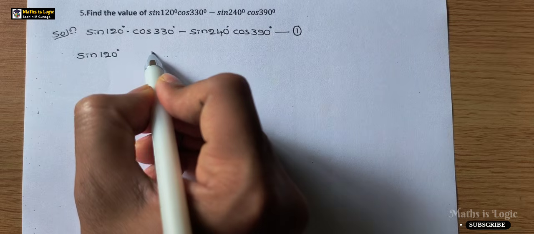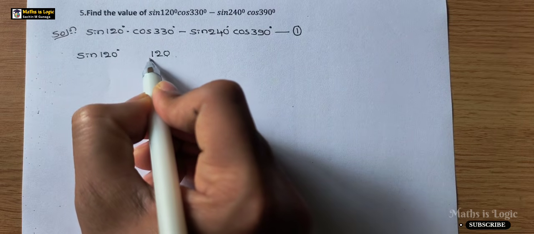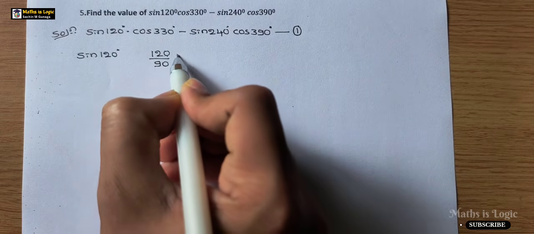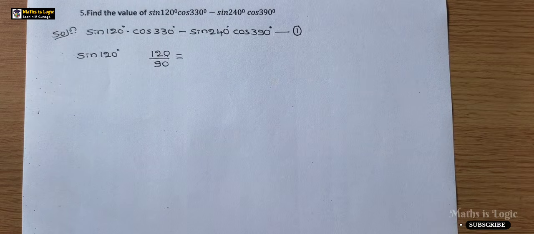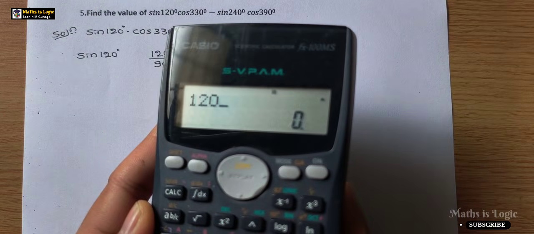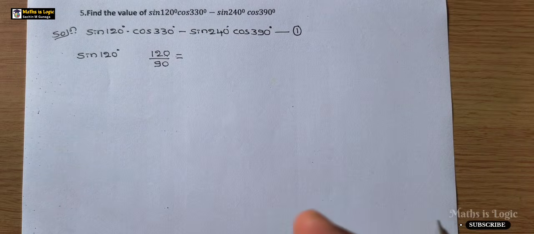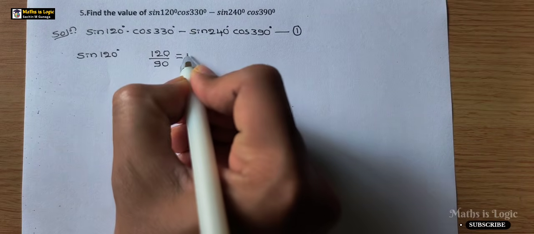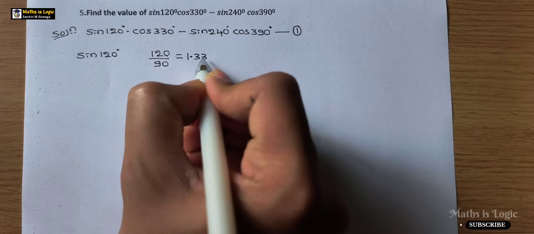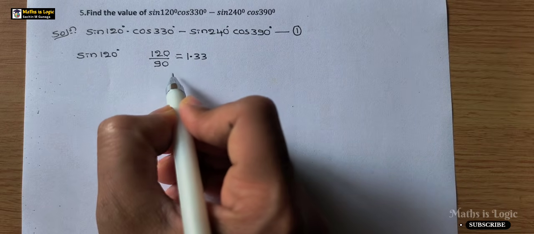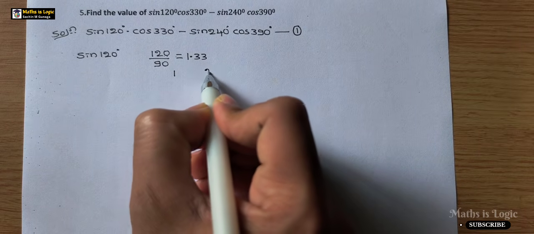This 120 divide by 90. If I divide 120 by 90, how much? 1.33. So 1.33 comes in between 1 and 2.